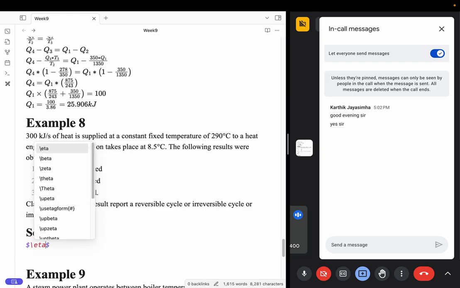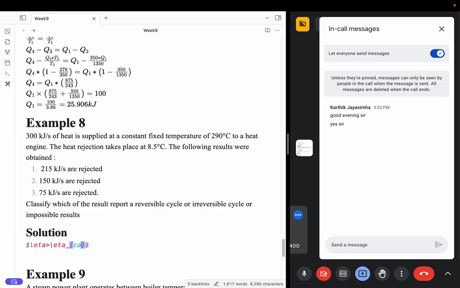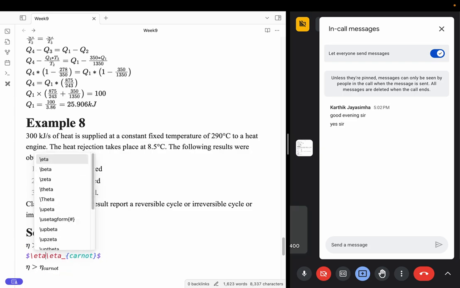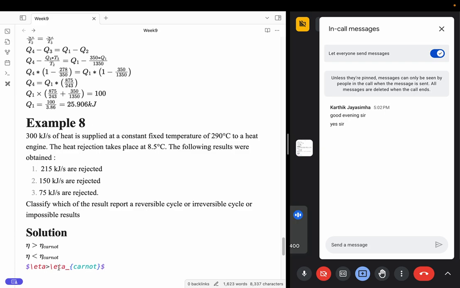So we can have eta greater than eta Carnot, less than, or equal to.